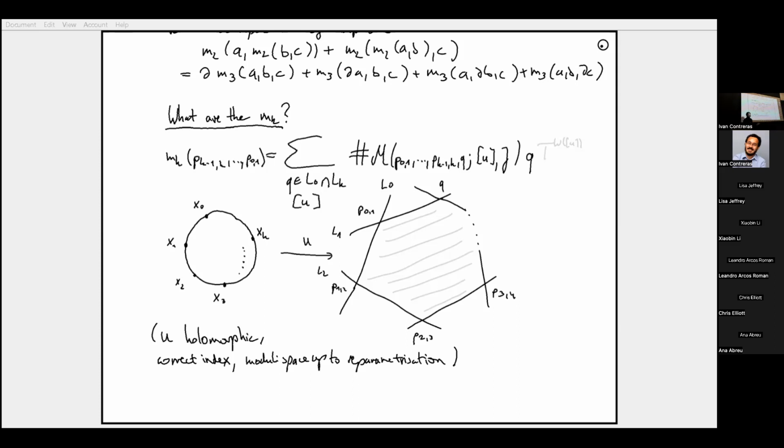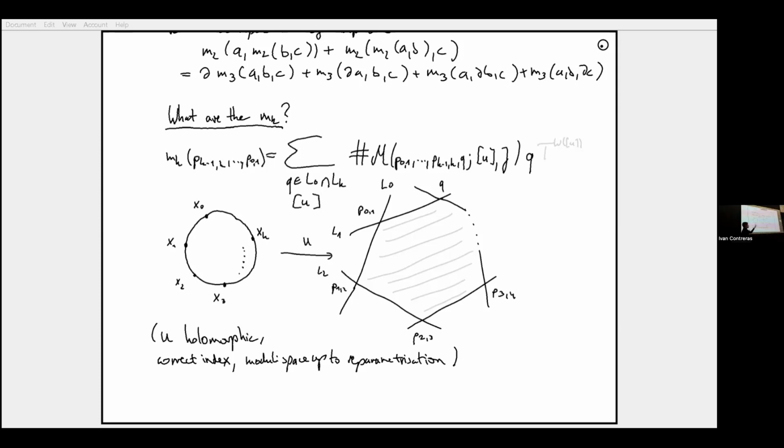And of course, in order for this to make sense, we need to ensure that this moduli space is zero-dimensional. The map is meant to satisfy an equation that's essentially the Cauchy-Riemann equation, so it's a holomorphic map. Then we only consider maps of correct index, which is essentially a type of winding number.